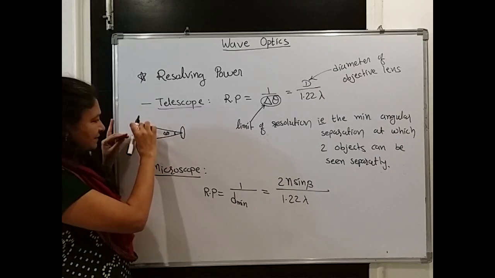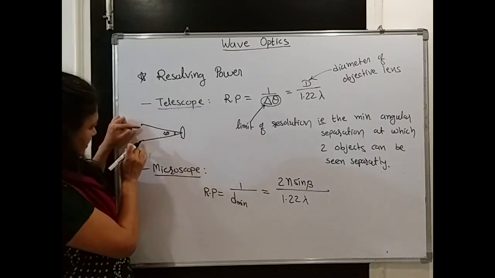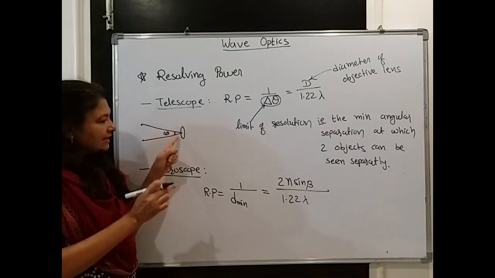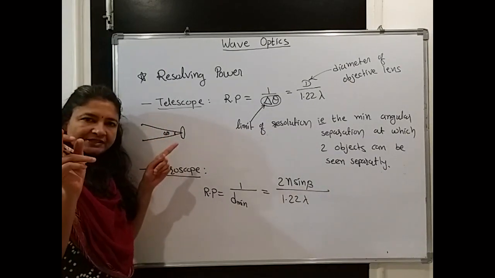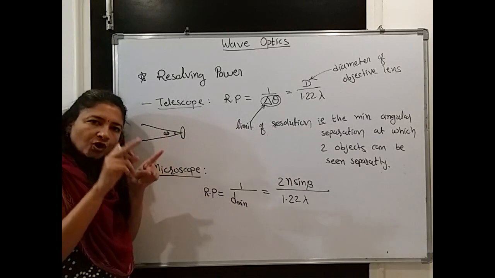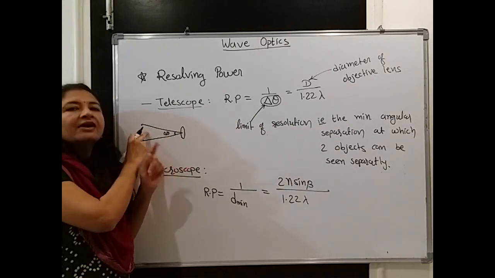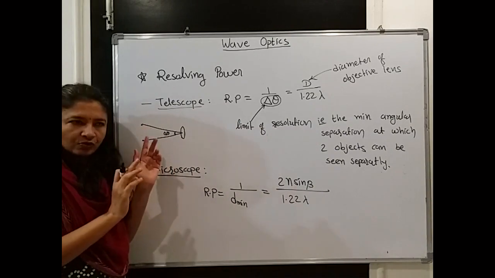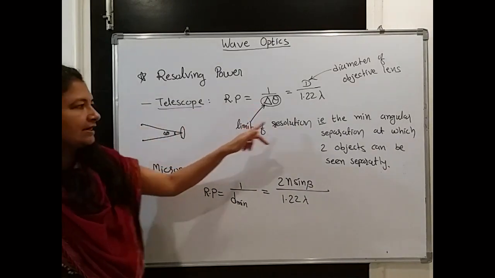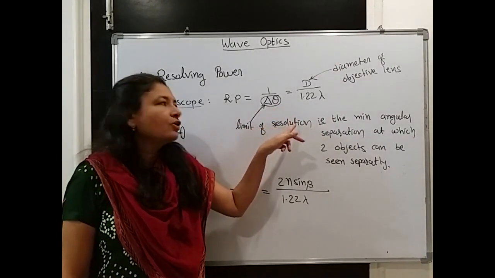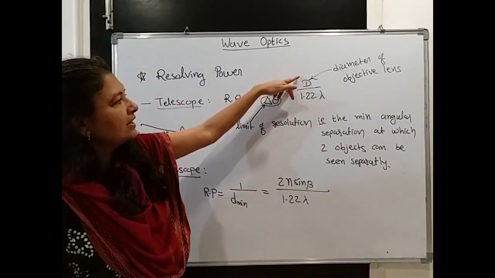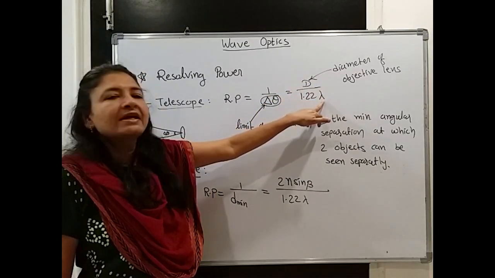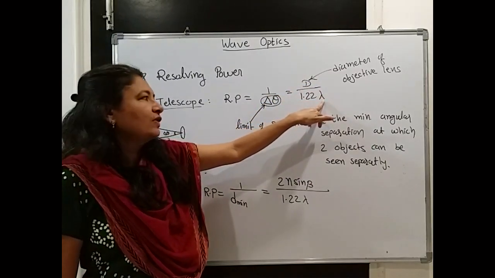If the stars are nearer, then this angle will be smaller than delta theta. In that case, the two images cannot be created, only one image will be created, or we can say that the images have not been resolved. Okay, so delta theta is known as limit of resolution, and here d is the diameter of the objective lens, and lambda is the wavelength of light used.